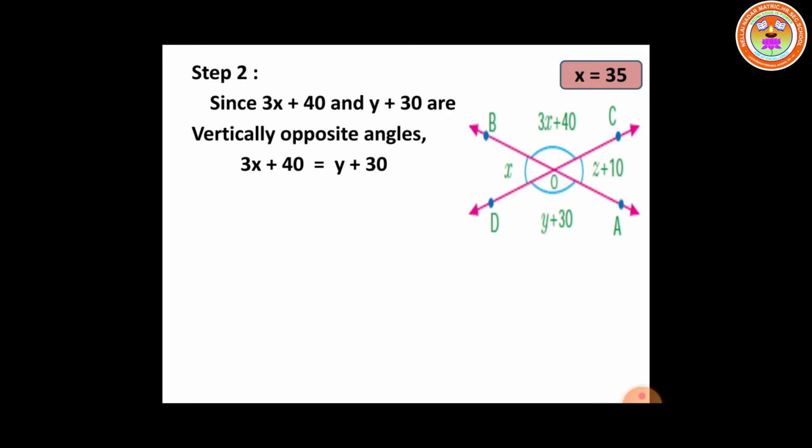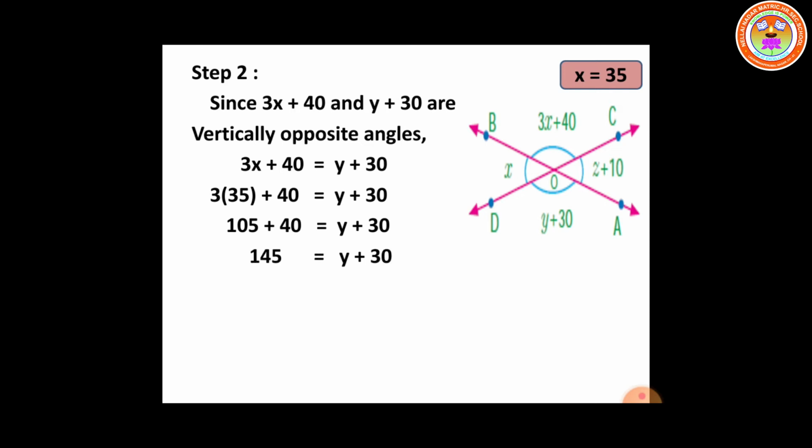Substituting x equal to 35, 3 into 35 plus 40 equals y plus 30. 105 plus 40 equals y plus 30. 145 equals y plus 30. 145 minus 30 equals y. y equals 115 degrees.